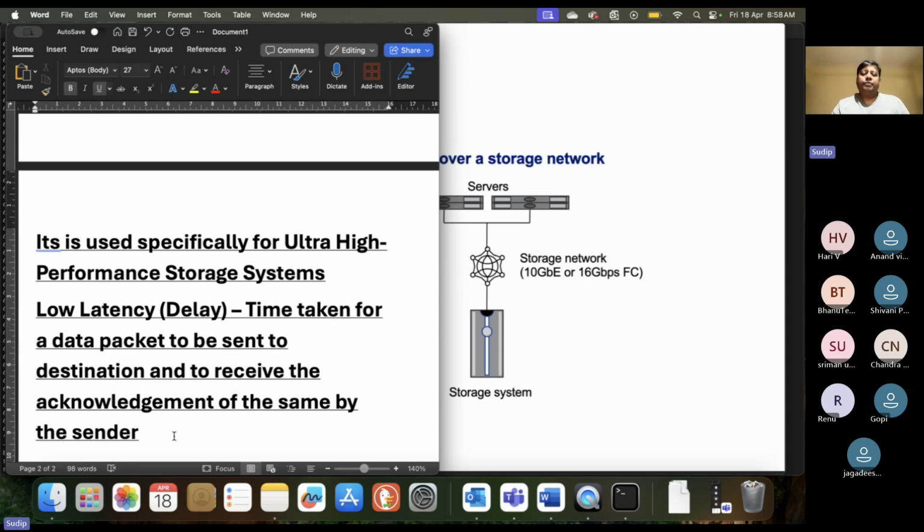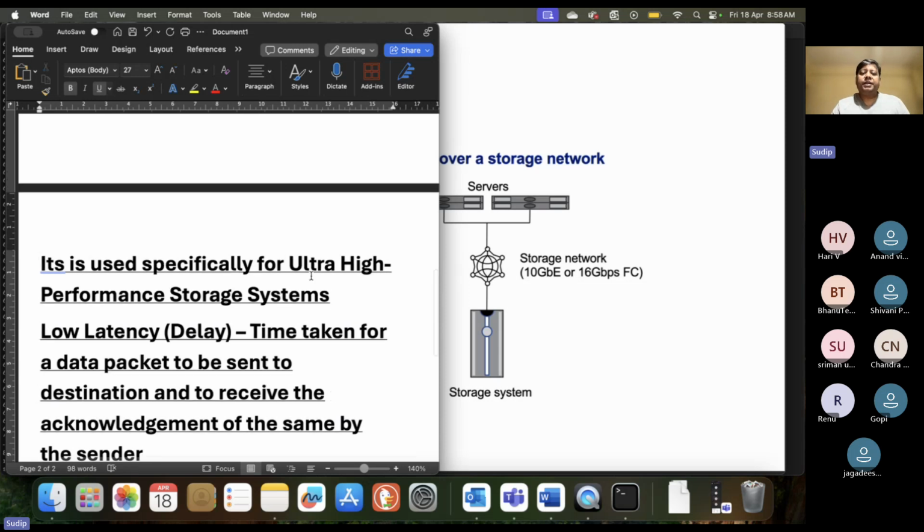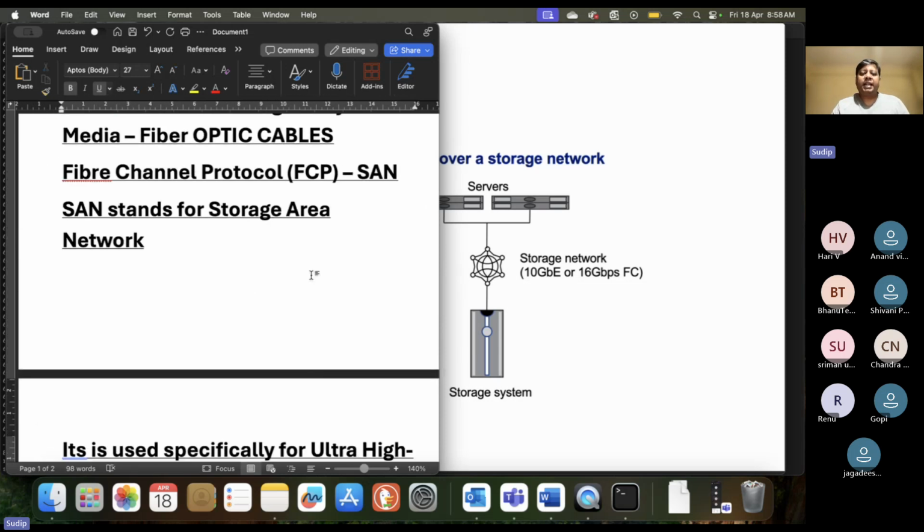Okay, now what is the difference between a SAN and a LAN? In SAN, the latency is measured not in seconds but in milliseconds.